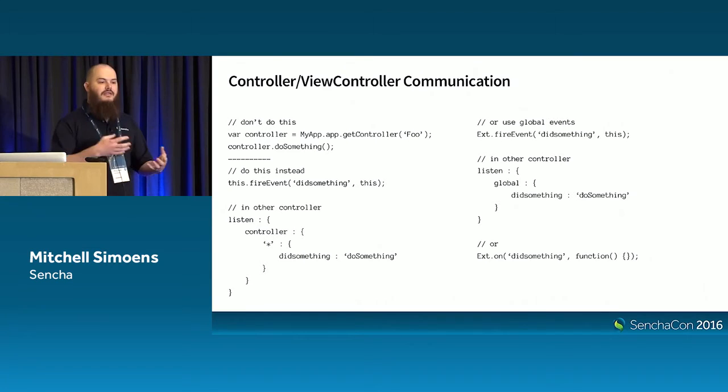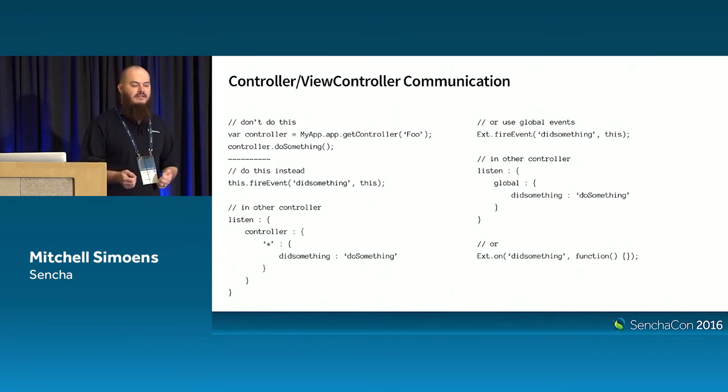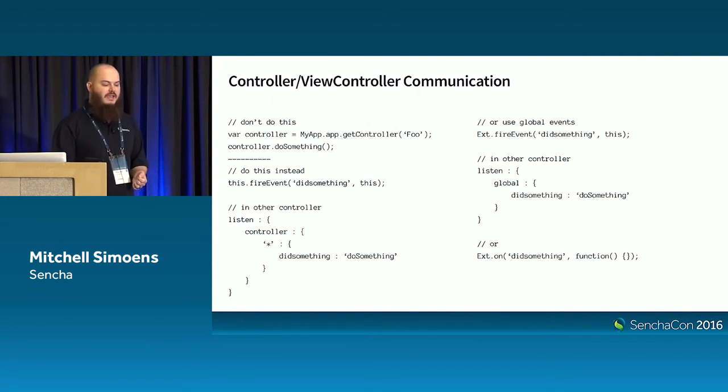And now any other controller can listen to that controller event domain. So the global controller can listen to any controller firing the did something event and do whatever it wants with that. You can also use global events, x.fireEvent, and then use the global event domain, or you can use x.on. So that's just different ways to go from that local up to that global.